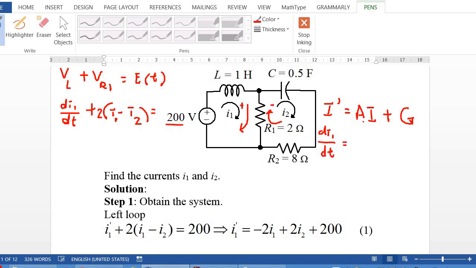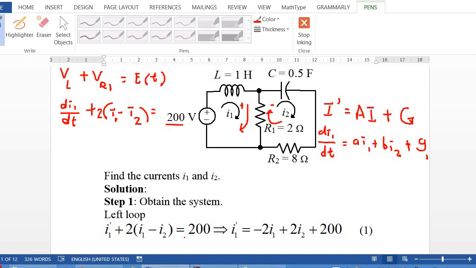The matrix A has entries A and B, and the vector G has the element G1.